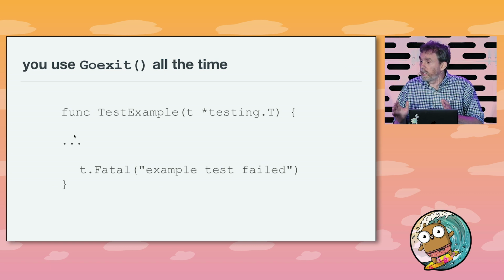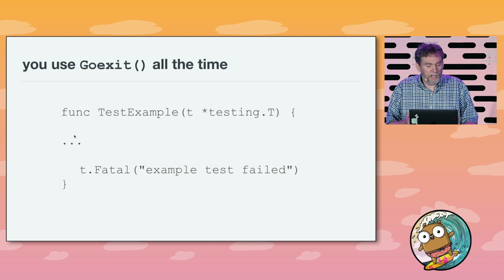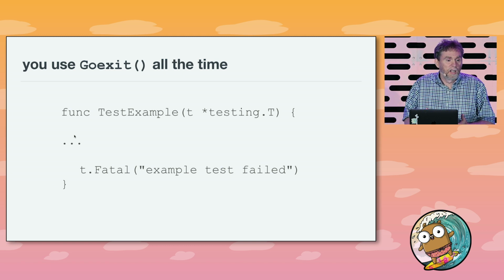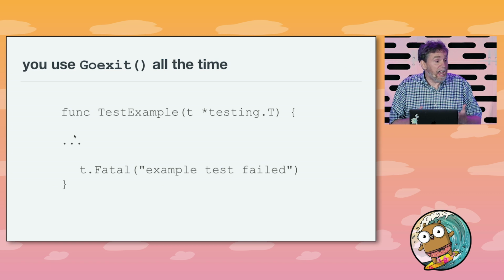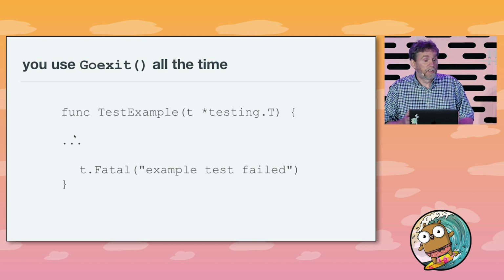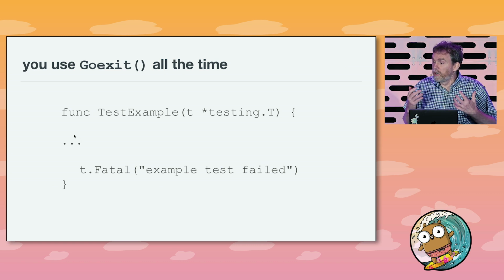If you start thinking about it, it's very difficult to imagine how you could write a testing library that has a function like Fatal that's going to run each test in a separate goroutine and have that test somehow end. How can you do it if you didn't have anything like Goexit available?